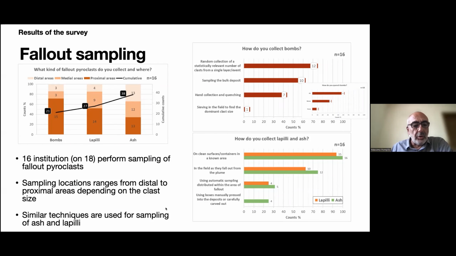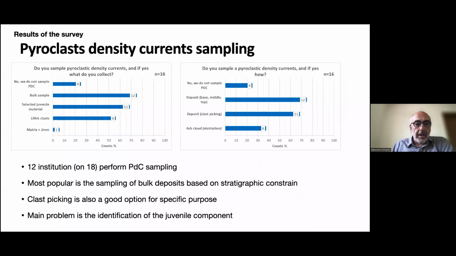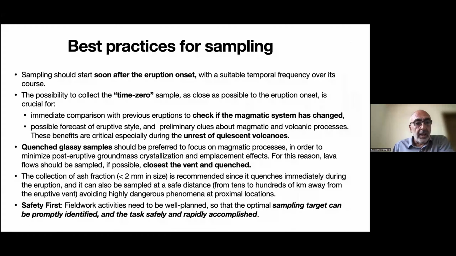Similar techniques are also used for sampling ash and lapilli. Some people also sample pyroclastic density currents. The main problem for PDCs is the recognition of the juvenile component. Most people do clast picking in order to select the juvenile part.